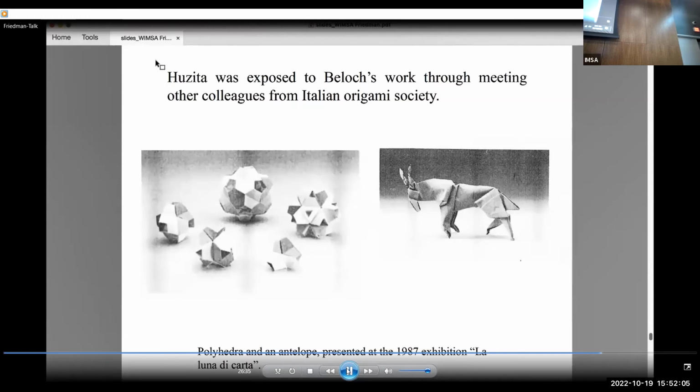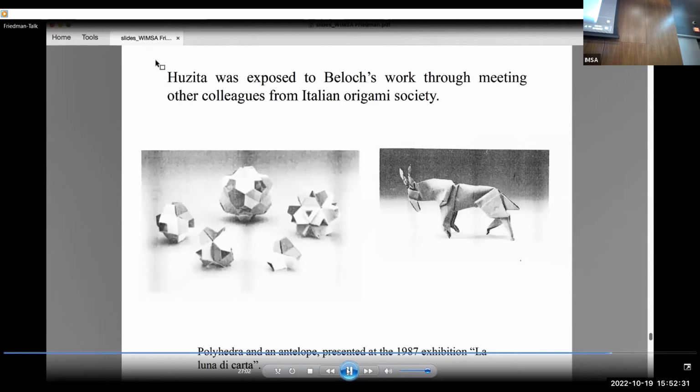cubic equation by paper folding, indicating that this method is based on Beloch's method. Huzita then lists several reasons why Beloch's papers were forgotten, noting that one of these reasons was that her papers were written in Italian, which did not have international status as a scientific language back then.